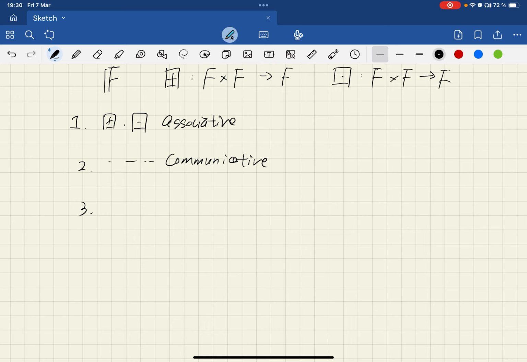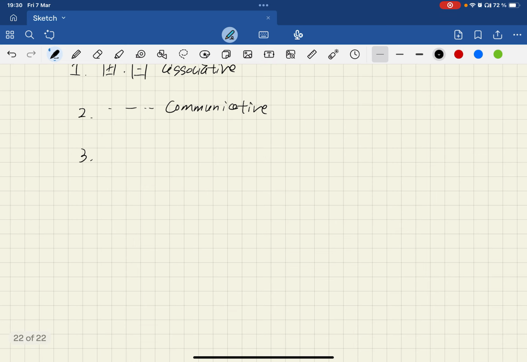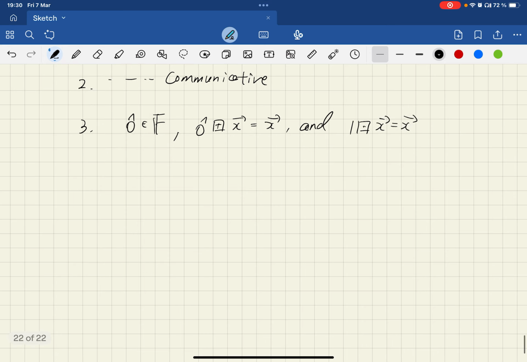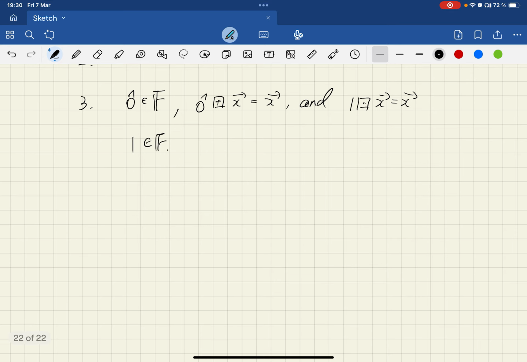And 3, if we can find the identity element, which means that if this adds to x, this will not change the value of x.